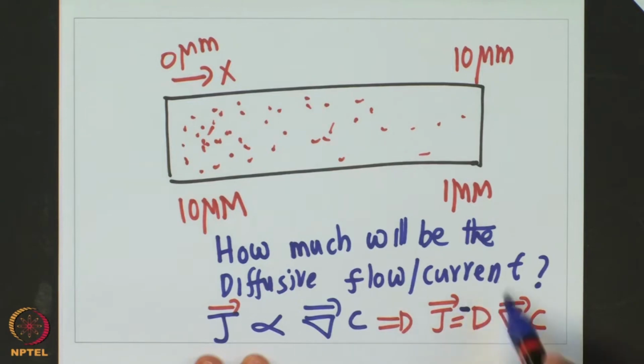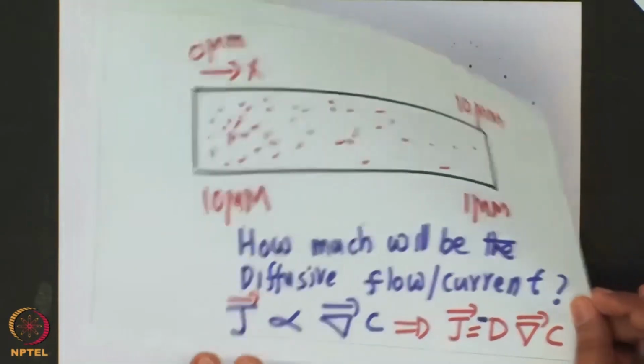We will learn about this in detail soon. We will understand why, and what is the meaning of this, but the answer to the question of how much will be the diffusive flow or current is J equals minus D del C.